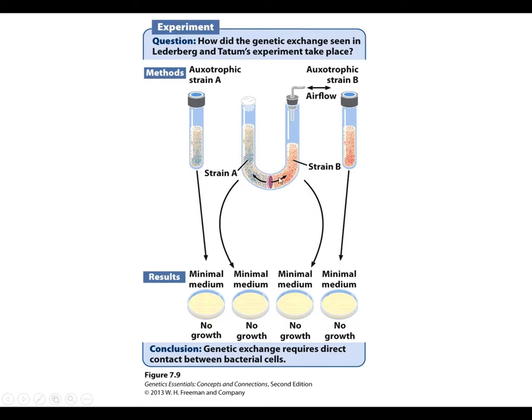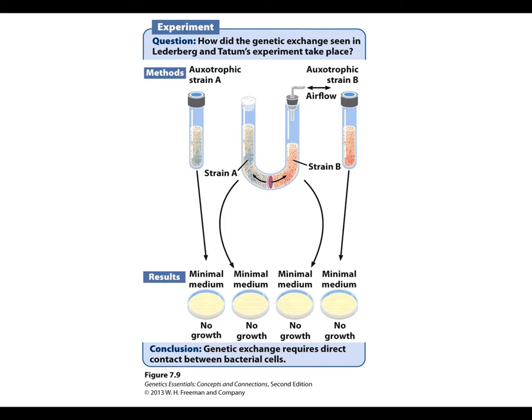Then Lederberg-Tatum, their experiment was taken further, and they put their two strains into a U-tube, which is separated by this filter in the middle, and the filter has holes in it, but only liquid is able to cross, not cells. So the cells are not able to cross through the pores in the filter.